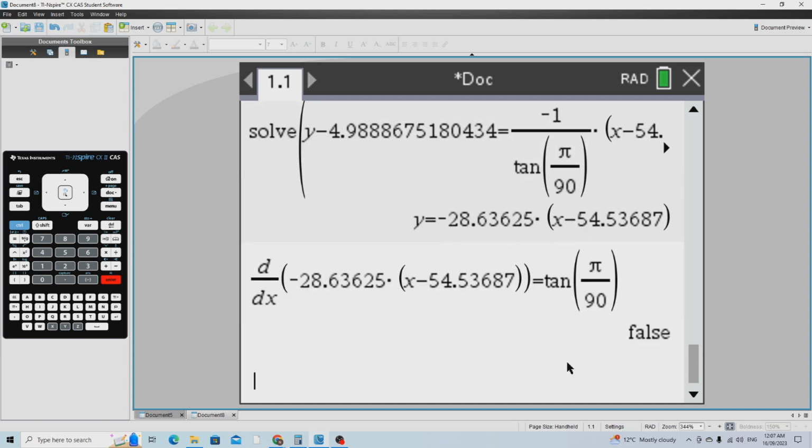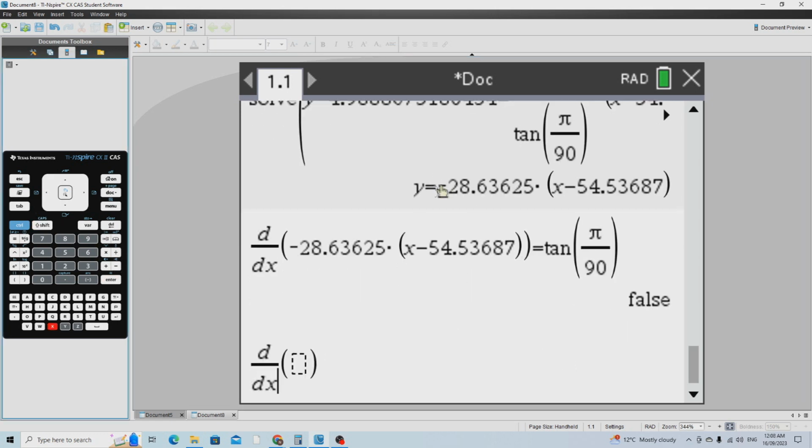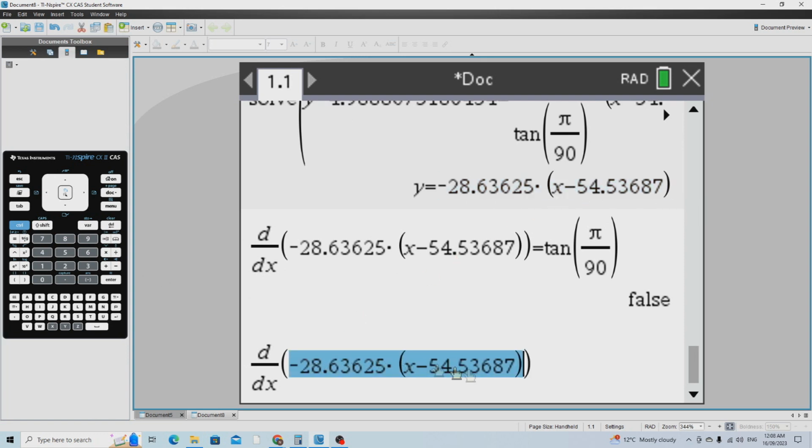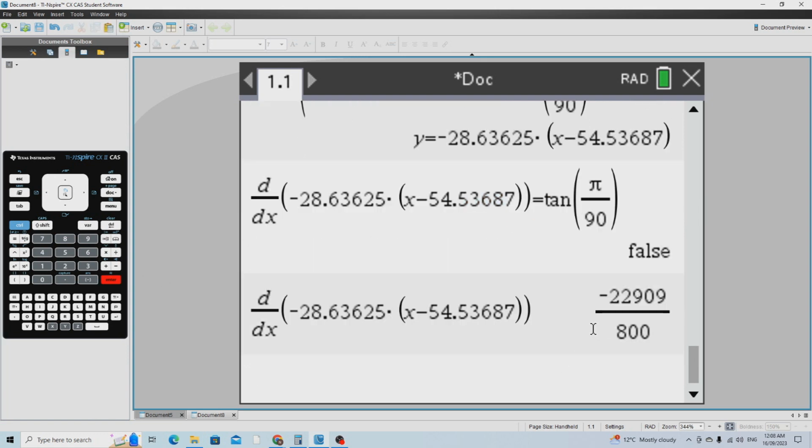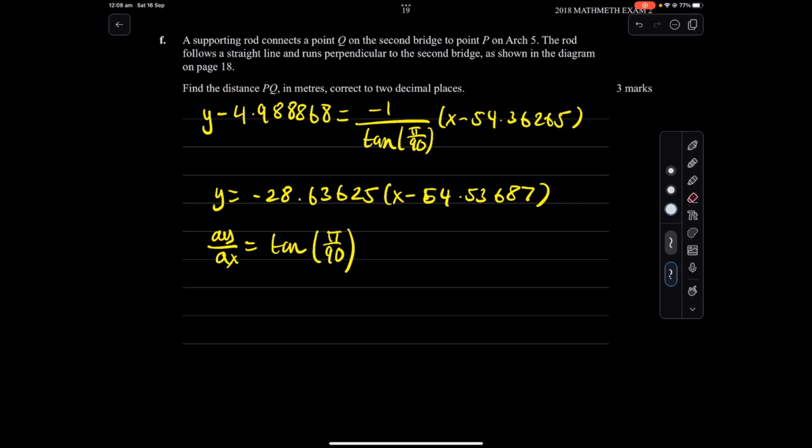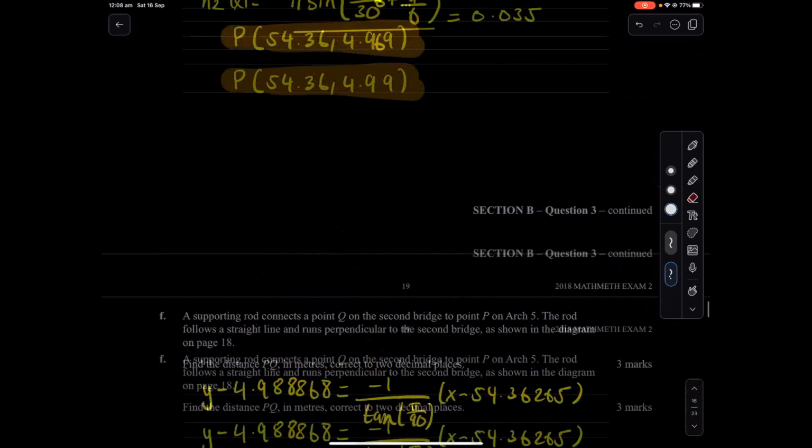Oh, what's here? Okay, just let's have a look. So this, enter that. Well, what's happening here?